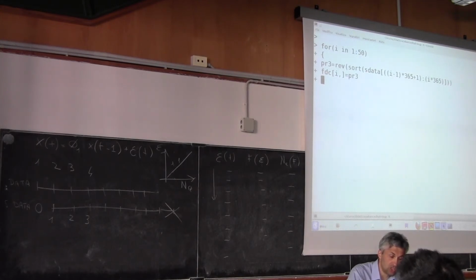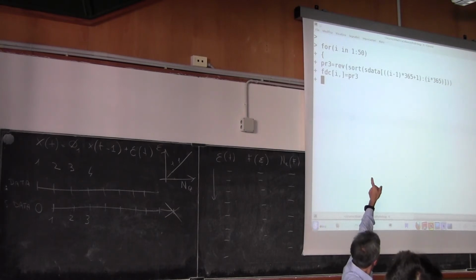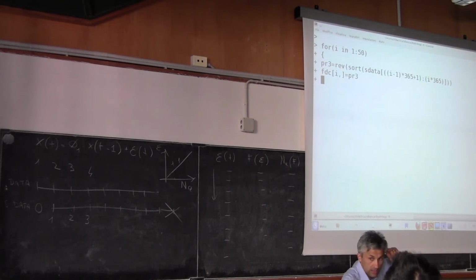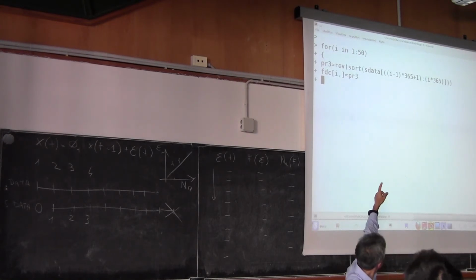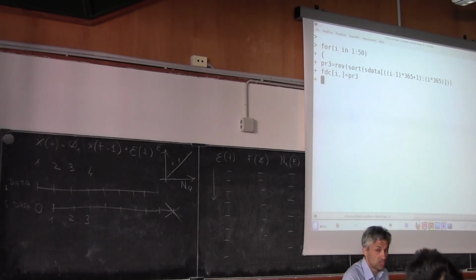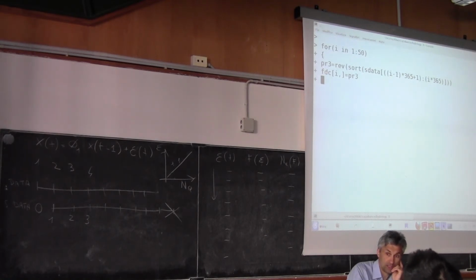And you see that by changing i in the loop, the index of the data that you are getting changes, and it gets shifted 365 data forward each time. You see (i minus 1) times 365 plus 1.